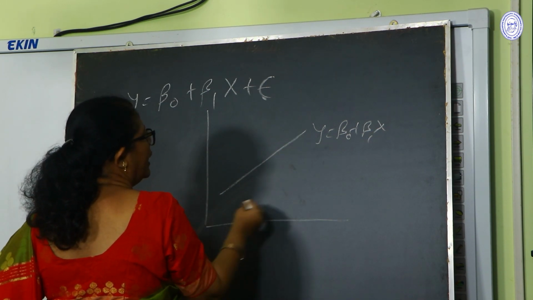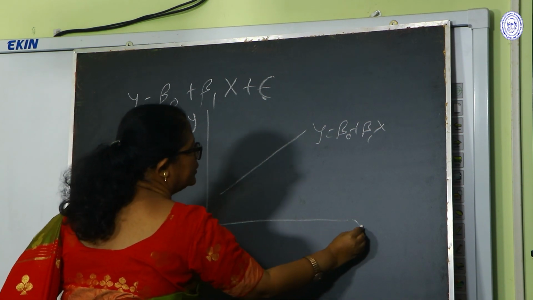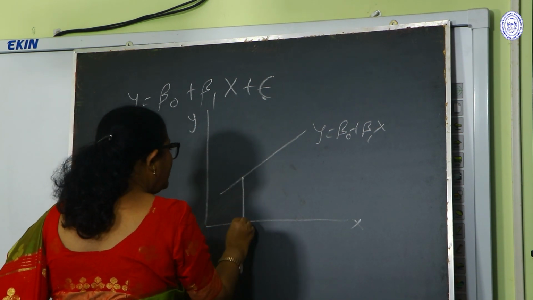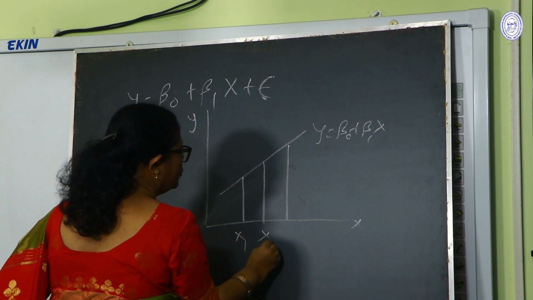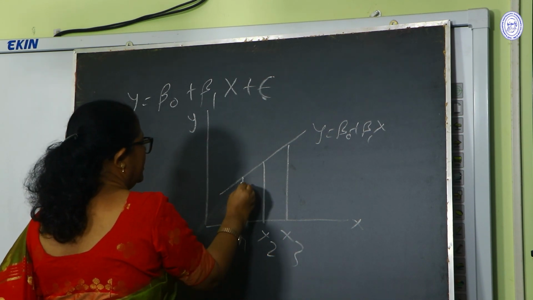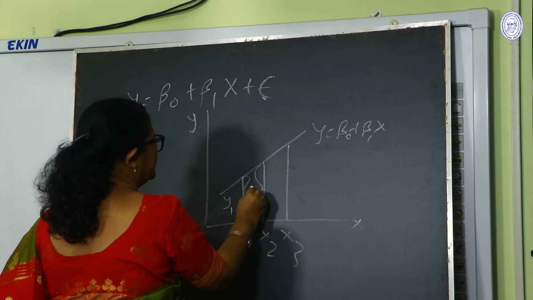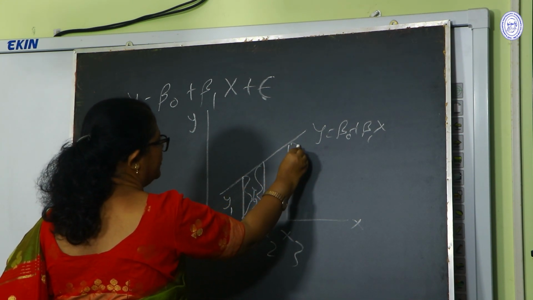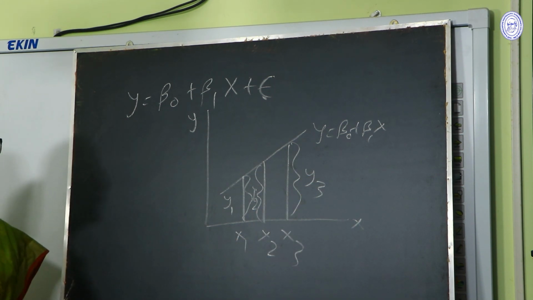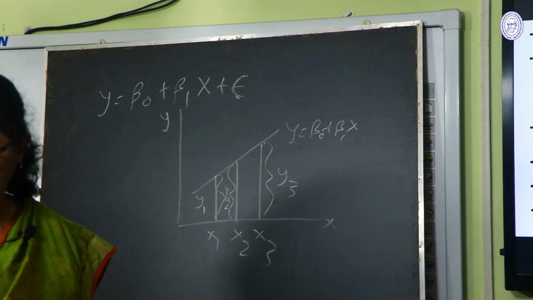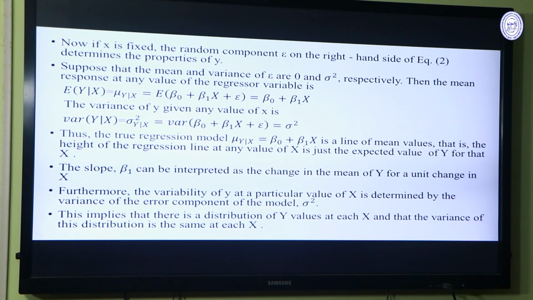This is the regression line, here there is no error term, and here this is y and here this is x. For each value of x, that is x1, x2, x3, the height is that y value, that is the mean value, the expected value. So, we are just getting the expected values from the regression line.